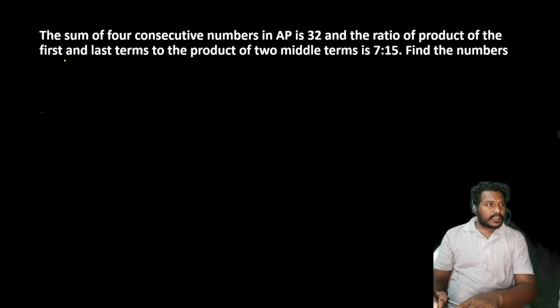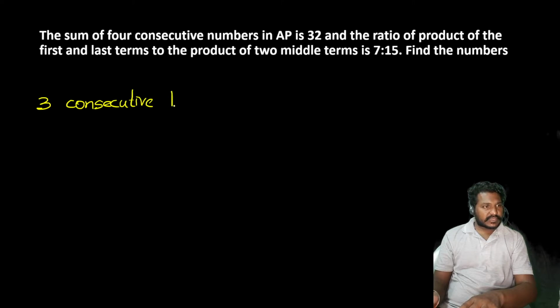If there are 3 consecutive terms in arithmetic progression, they can be taken as a minus d, a, a plus d.